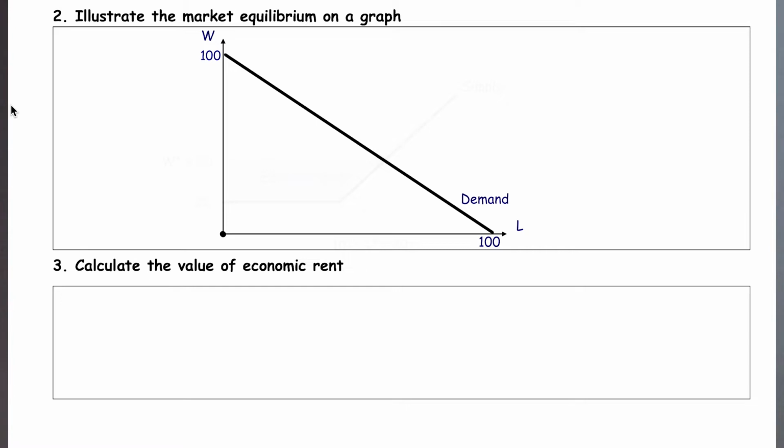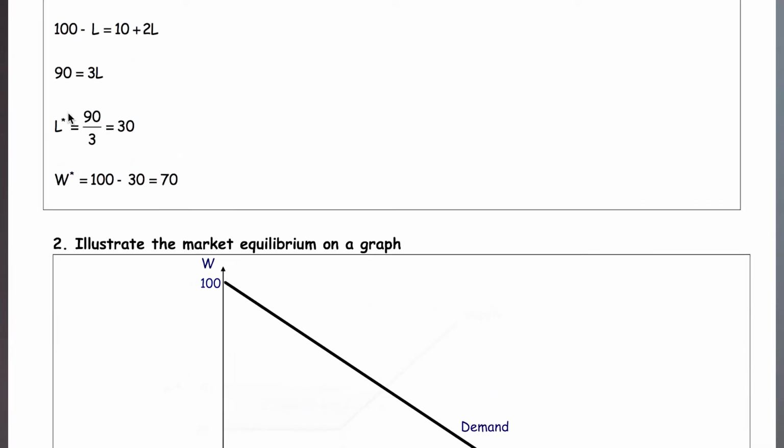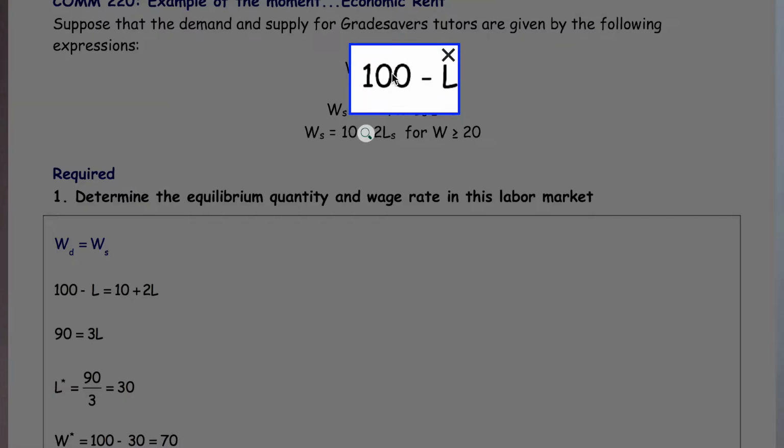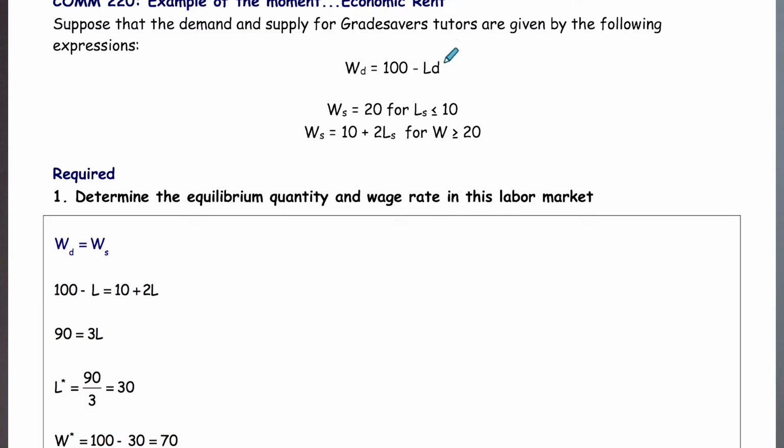And that's simply because we are offered an inverse demand curve where wage is isolated on one side, and whenever that happens, the constant is the y-intercept. So this 100 is the y-intercept of our demand line. Moreover, the x-intercept is simply 100 divided by 1, and so that's also 100.